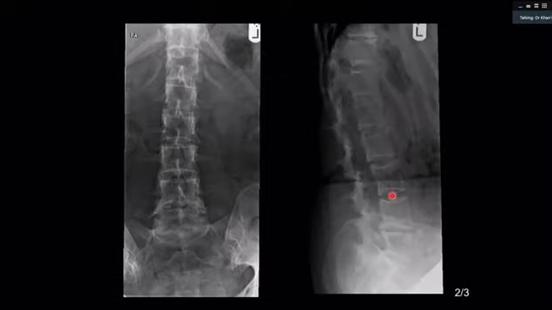Okay, so let me show you a lateral. On the lateral view, there is posterior scalloping of the vertebral bodies throughout the lumbar spine. As seen before, there are no pedicles. And there's some sclerosis of the posterior elements, and the spinal canal appears to be widened.